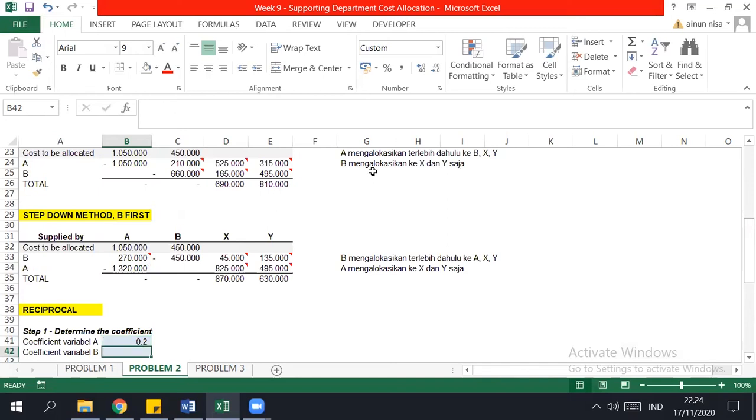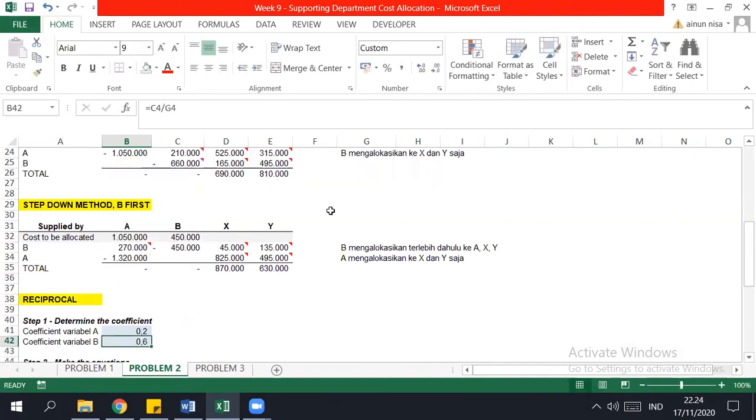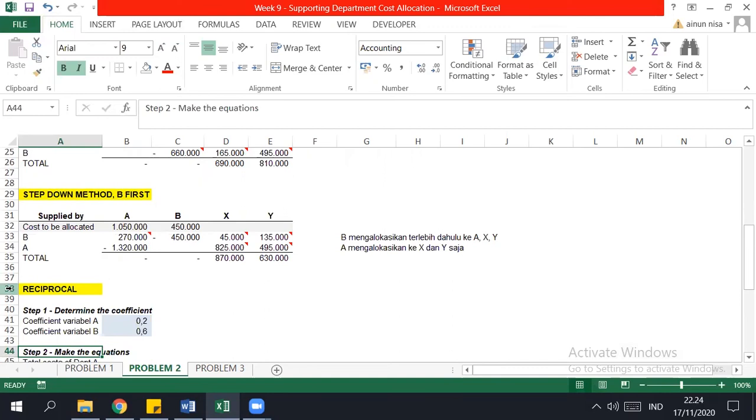While for the coefficient of variable B, it is the usage of department A, or the 3,750, and then divided by the total usage of department A, B, X, and Y, or the 6,250. Therefore, the coefficient of variable B is 0.6. Okay, after calculating the coefficient, the next step is to make the equations.